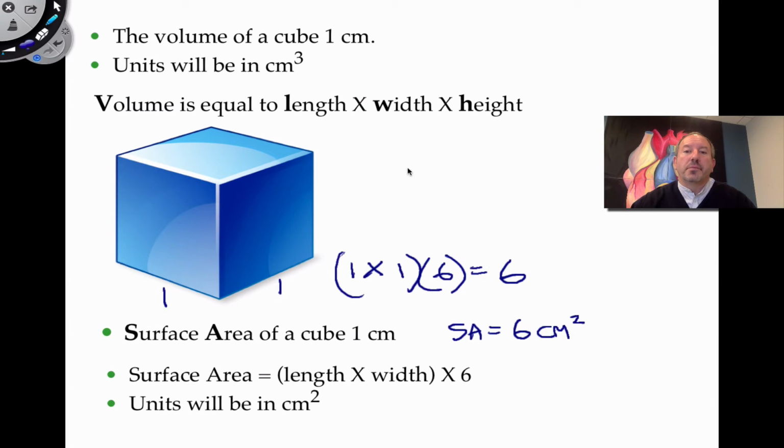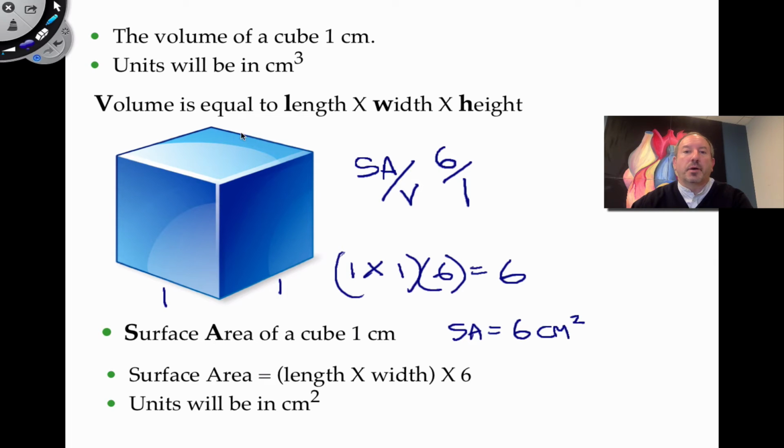So when you put those two things together, if I were interested in determining the ratio of surface area to volume, because I am, I would say that there's a surface area of 6 and a volume of 1. So it's 6 to 1 is the ratio in a cube of 1 centimeter.